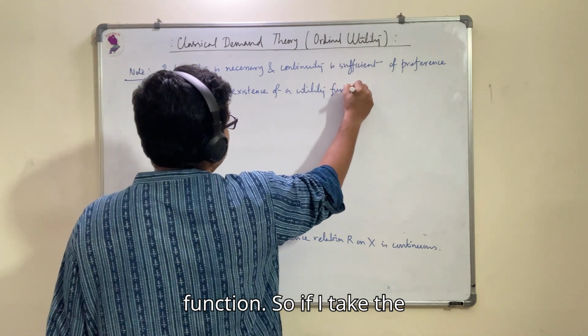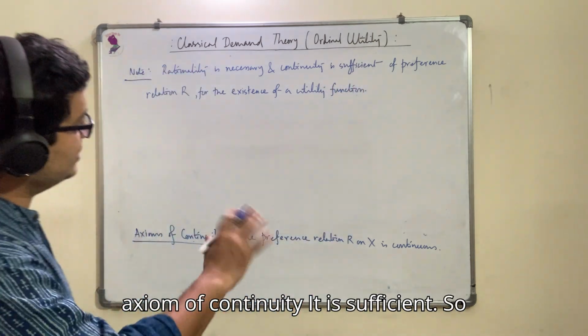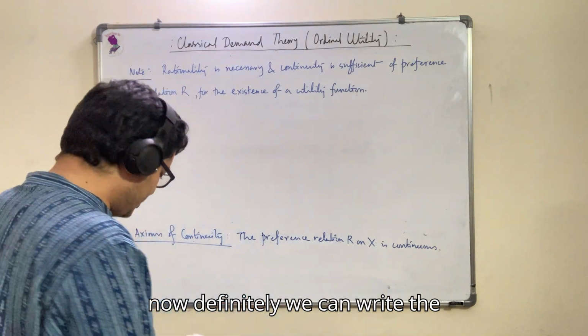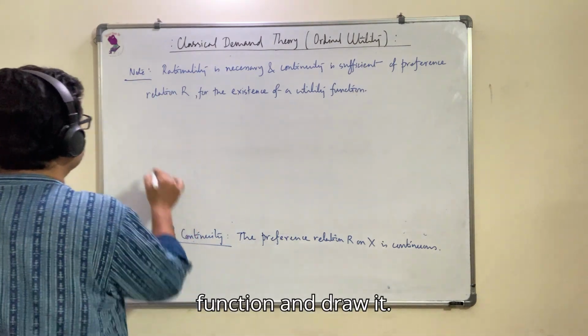So if I take the axiom of continuity, it is sufficient. So now definitely we can write the utility function and draw it.